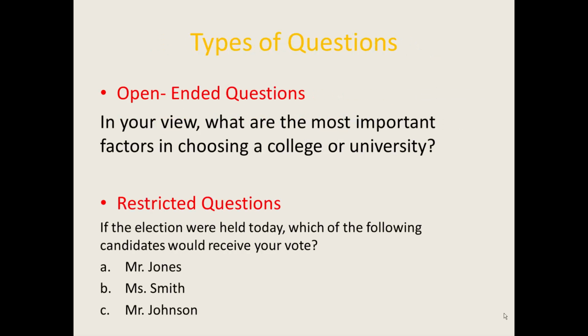participant. The types of questions that are used in surveys could be categorized into two categories: open-ended and restricted questions. Open-ended are like essay type questions, where you ask a general question and then participants answer your question the way they want to.